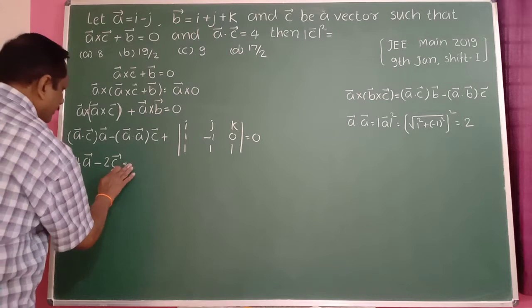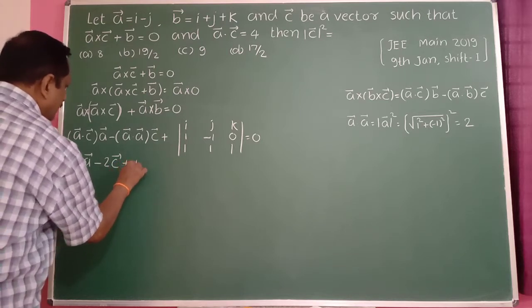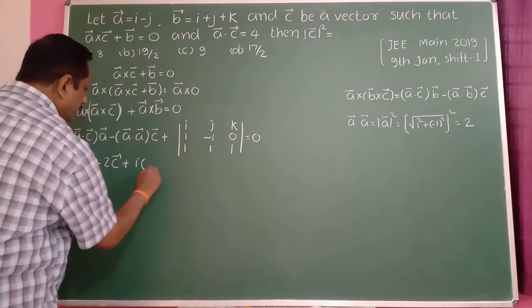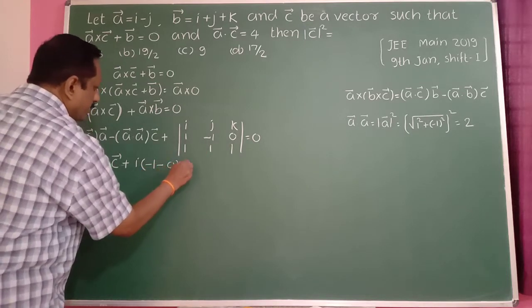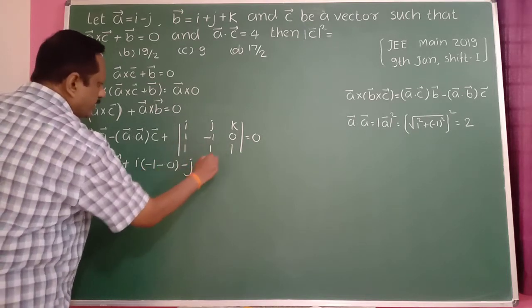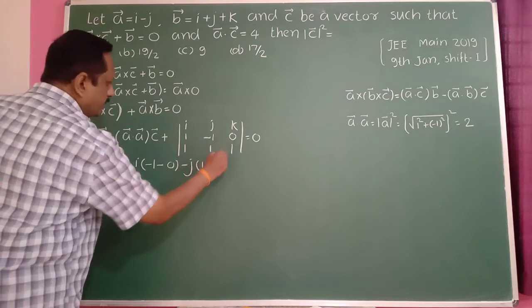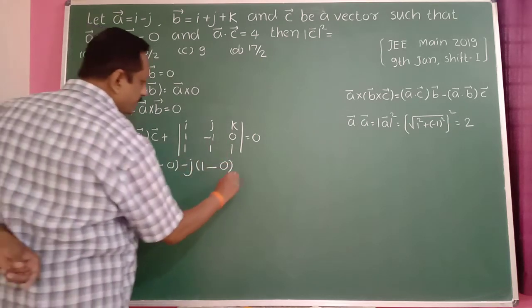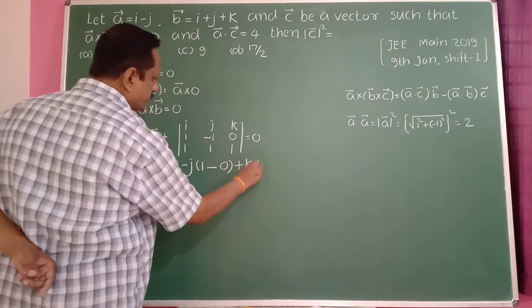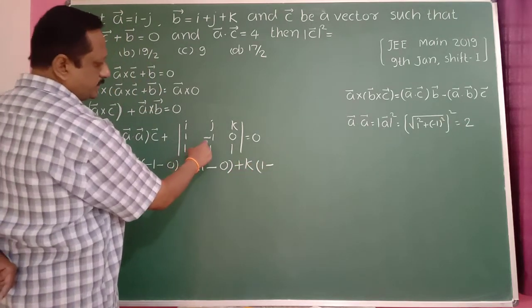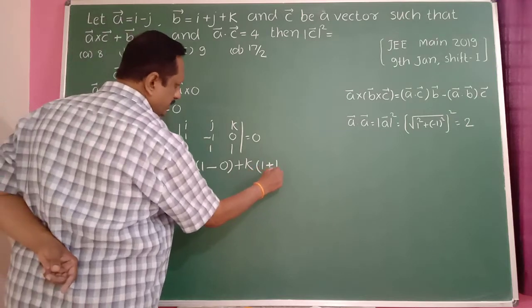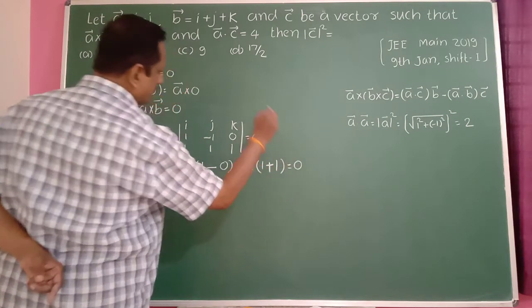Expand this determinant: plus i into (minus 1 minus 0) becomes minus 1 i, minus j into (1 minus 0) becomes 1, then plus k into (1 minus minus 1) that is 0 overall.